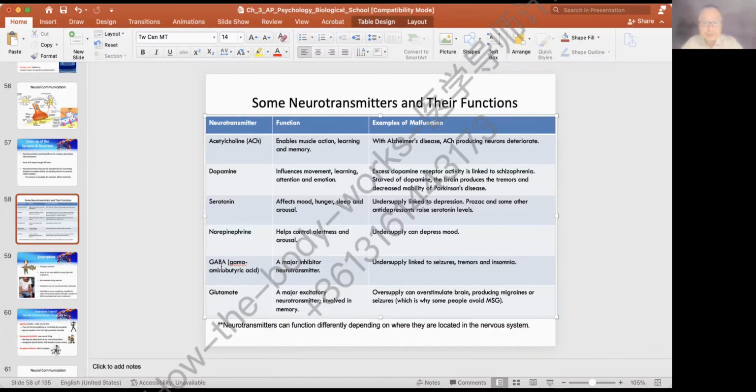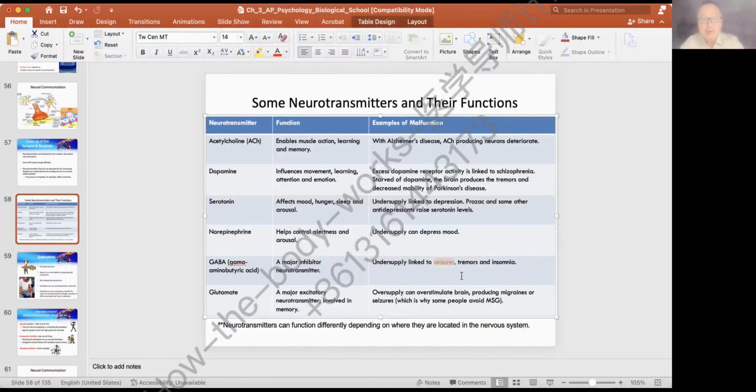So GABA, if undersupplied, is linked to seizures, tremors, and insomnia, right? Insomnia means sleepless. Tremor means shaking too much, your muscles and your body shake too much.